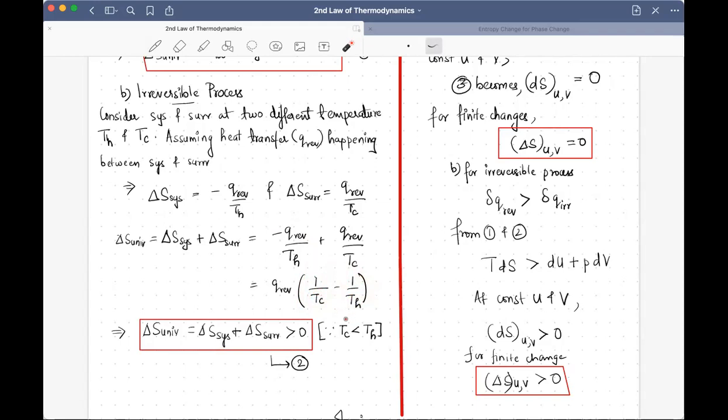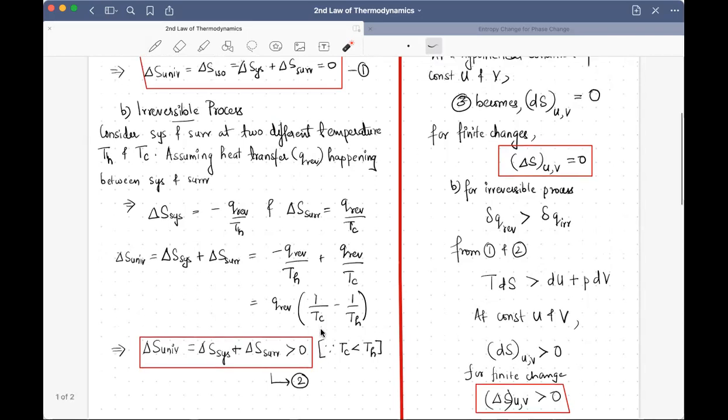And therefore, this delta S universe should always be greater than 0. So what does this say? For an irreversible process or a natural process, the entropy increases. Now you just compare both.